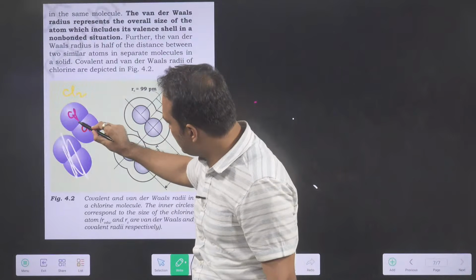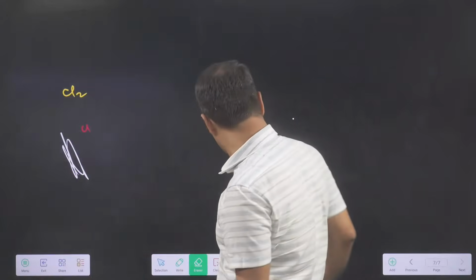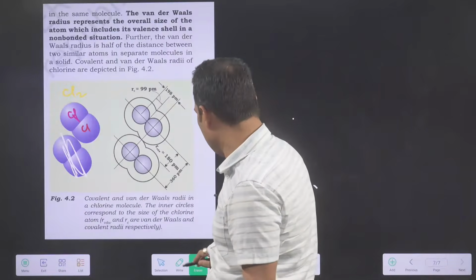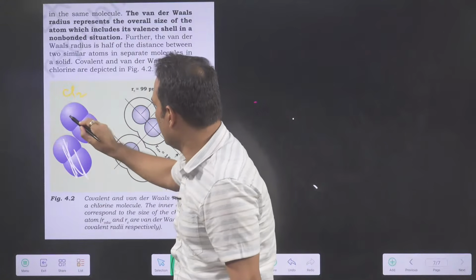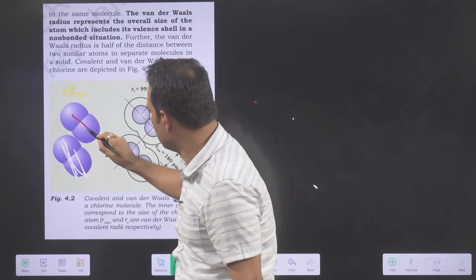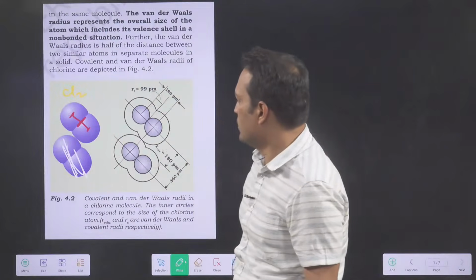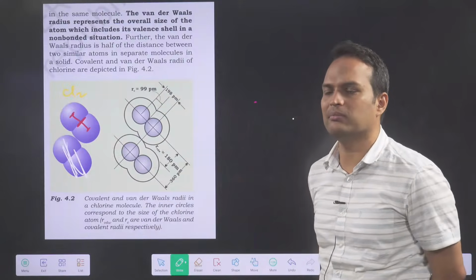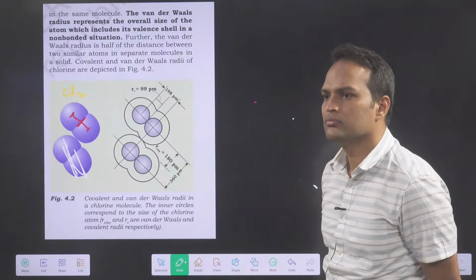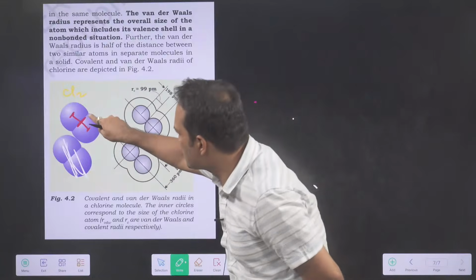So when you find the bond length, you will get this much, and the radius will be till here. So do you think you are getting the exact radius of the atom? Some part is missing.